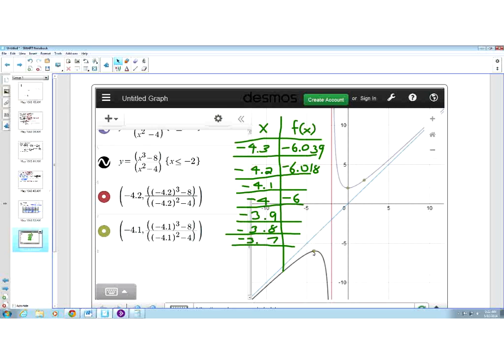So what are the coordinates of the green dot? Minus 6.005. Okay.